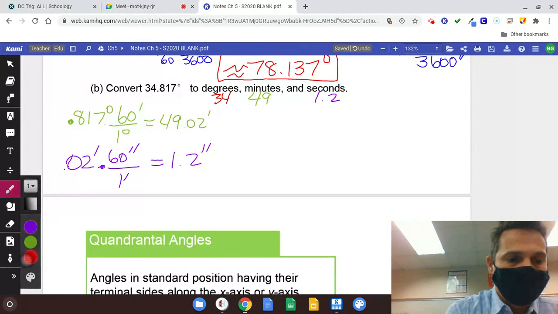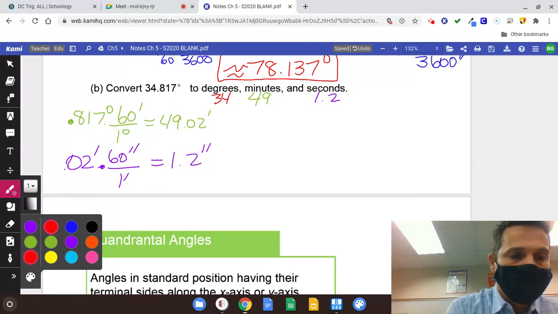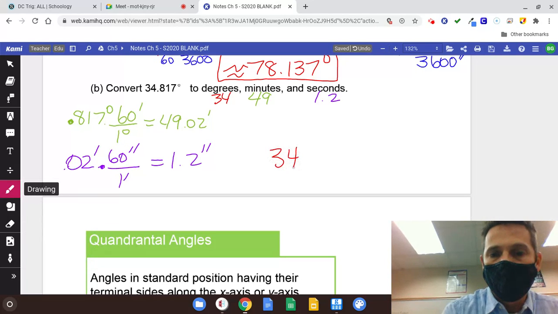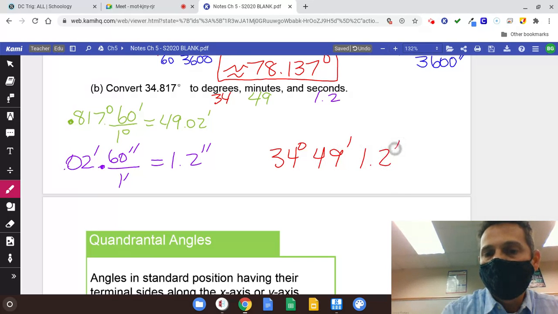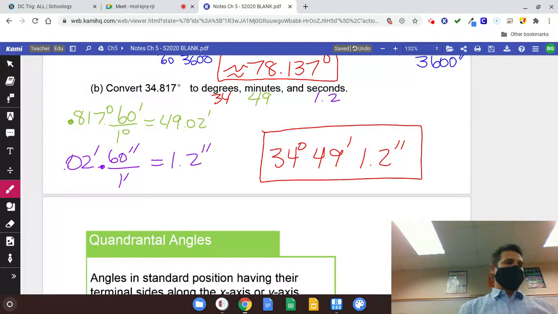Your answer in DMS is 34 degrees, 49 minutes, 1.2 seconds. Sometimes they'll have you round off your seconds, but in this case, that's what we've got. 34 degrees, 49 minutes, 1.2 seconds.